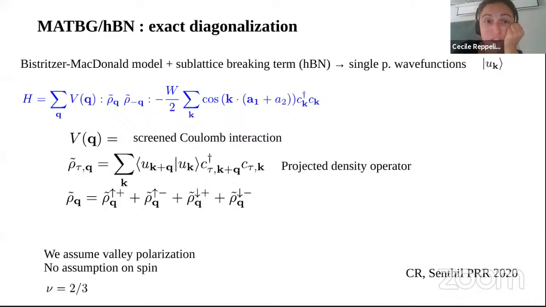When you get those wave functions, the computer is going to pick a gauge randomly for this U_k, and it's not something that you really need to think about too much, as long as you always work in the same gauge.